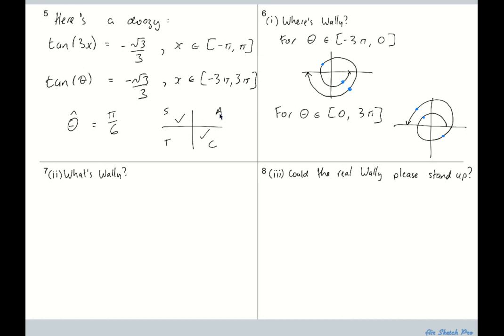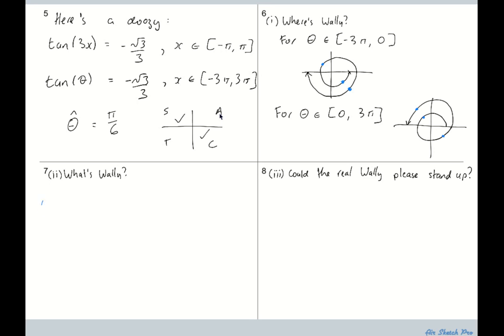What's Wally? So Wally in this case is going to be the possible values for theta. Okay, so what I'm going to do now is show you the shorthand way of thinking about it. You might need to keep up with what I'm doing visually and vocally, rather than just looking at the board, because it really won't make much sense otherwise.